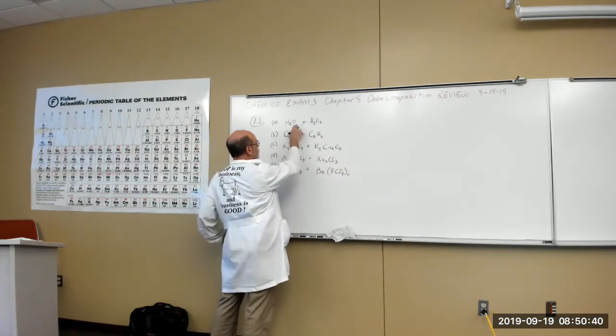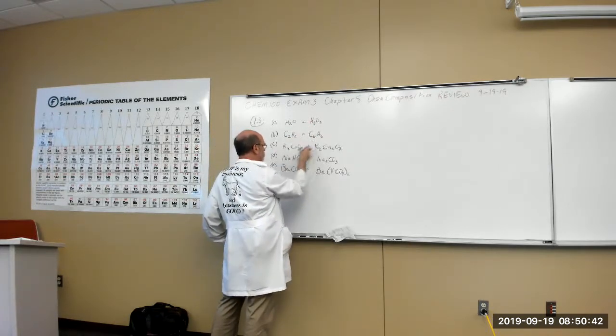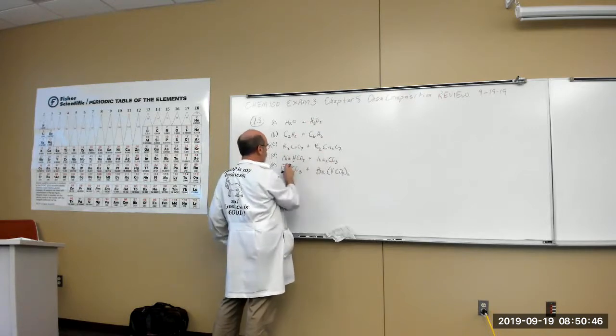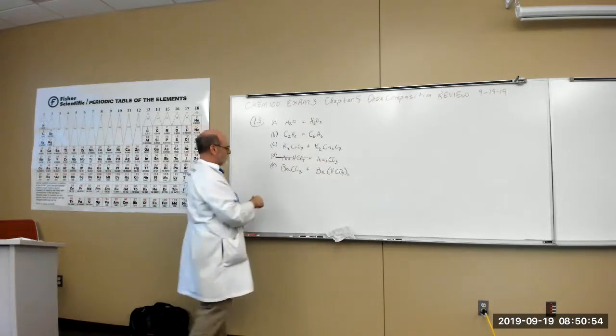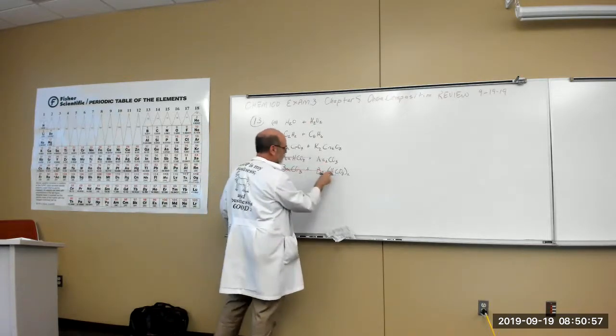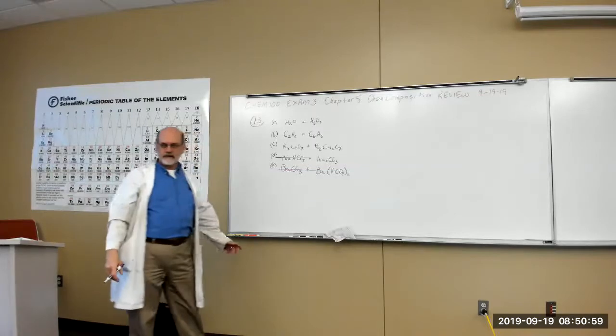So hydrogen, oxygen, good. Carbon, hydrogen, okay. Chromium, potassium, chromium, oxygen, okay. Sodium, hydrogen, carbon, oxygen, missing a hydrogen. So that one was gone. Same with E, you got an extra element in there, so just throw those out and don't waste your time on them.